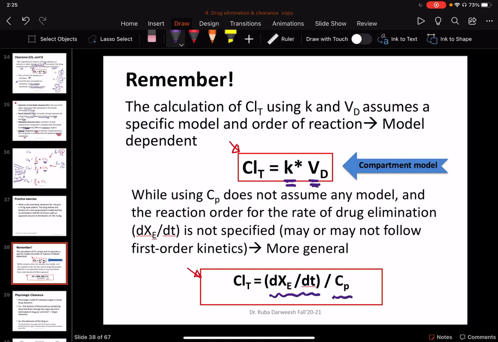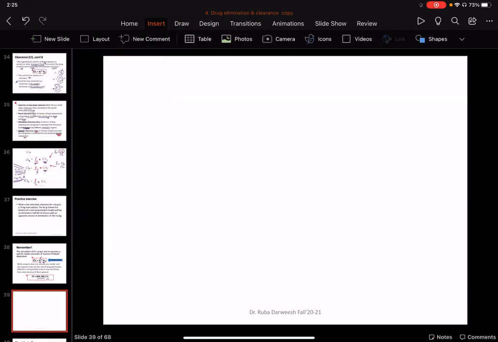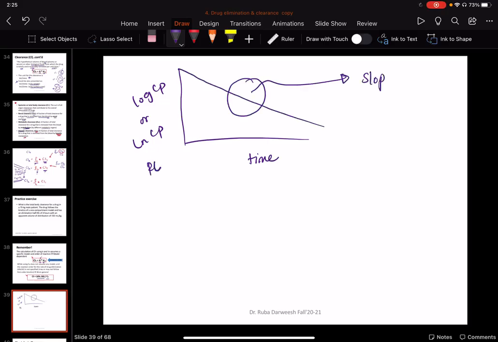If we remember the way to determine K, let's say for now you know the IV bolus, we know that in the one compartment model, you need to have log concentration or ln transformation versus time on a rectilinear profile to have a linear profile. Then from this slope, you can define K, right?